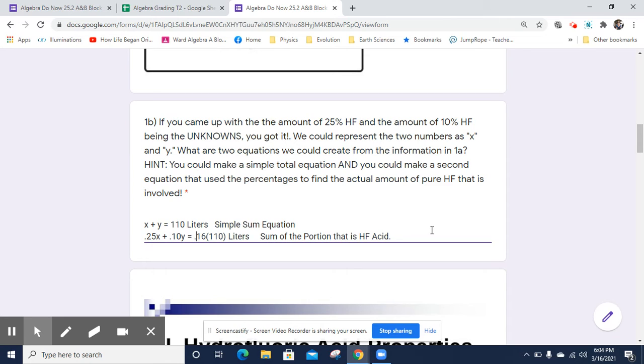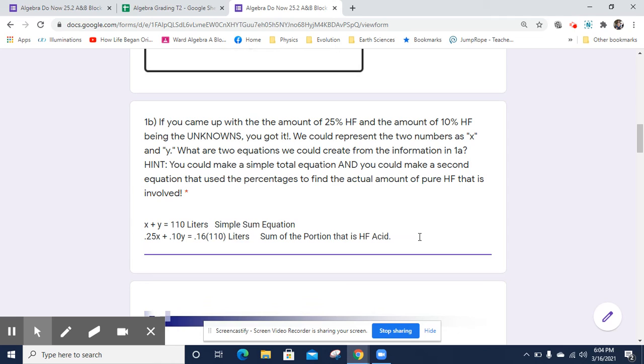There was a section called clearing denominators and decimals. So we're going to clear the decimals. I'm going to multiply every single part of this by 100. I'm going to call that 25x plus 10y equals 16 times 110.